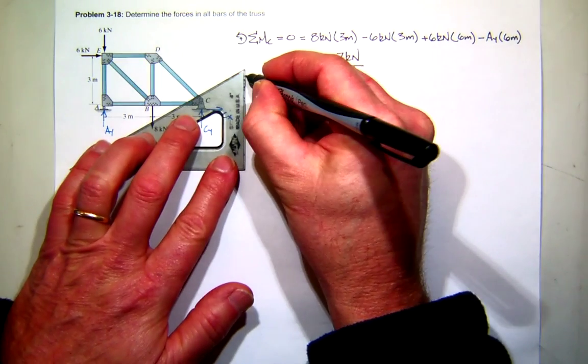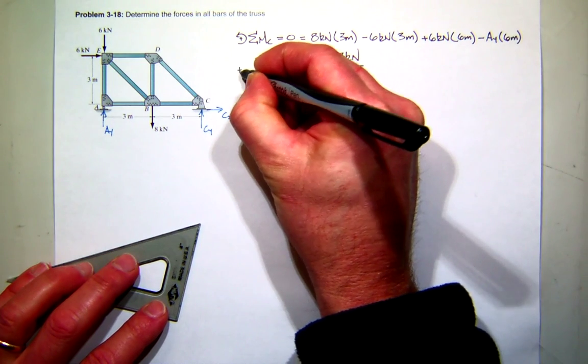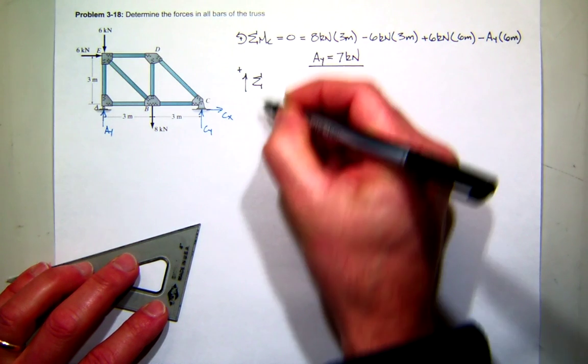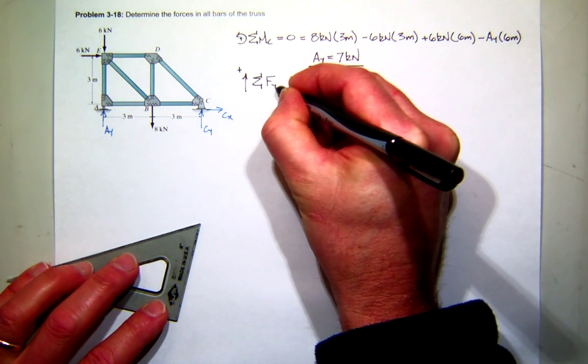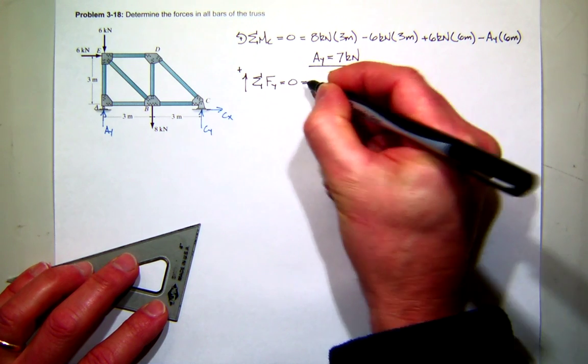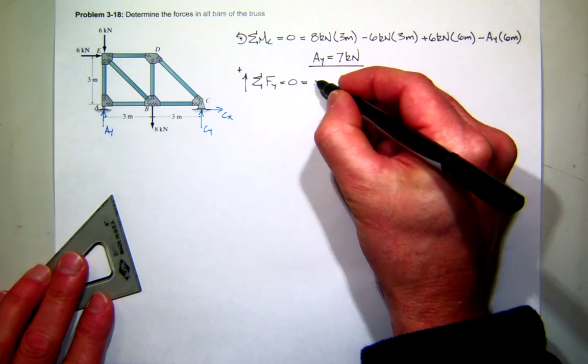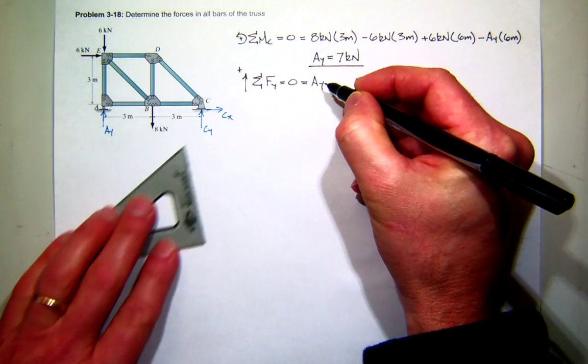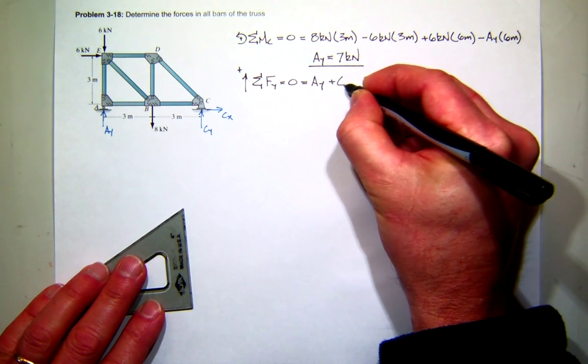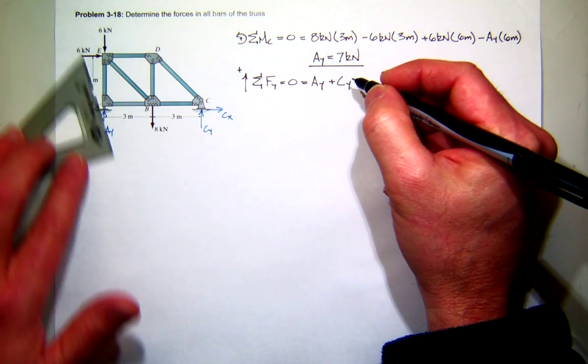Alright, now I'll sum forces in the Y direction, since I have AY. I'll assume up is positive. So the way I've drawn it here, I've got AY acting up, and there's CY also acting up. Now look at all my forces acting down.